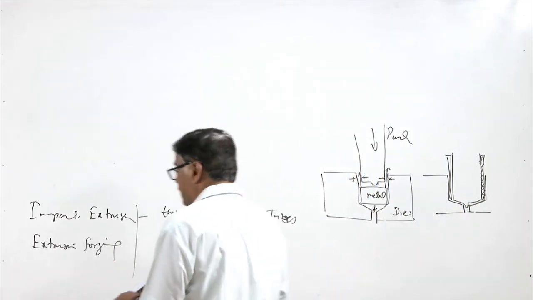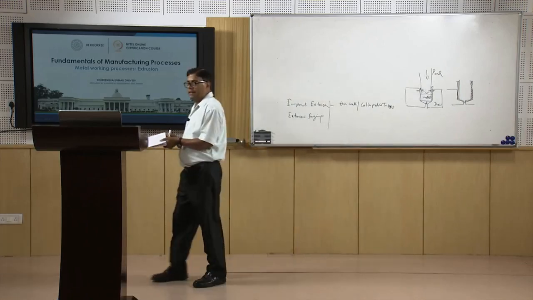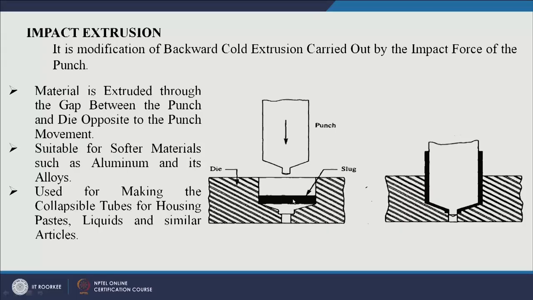We can see this here, this is the impact extrusion. Here this is the die, this is the punch, and this is the slug or the metal. When the punch impacts, the metal flows back, follows the space between the punch and the die, and takes the shape.